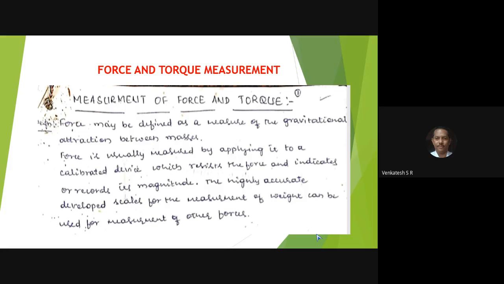Beam balance is very, very important. When the beam moves in the upward direction, by applying or removing the unknown weight on the platform, you can bring the beam to the normal condition. That is called beam balance. The weight of the unknown magnitude you placed on the platform is the force.